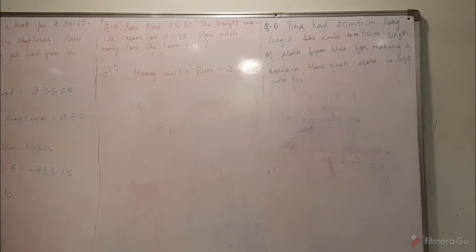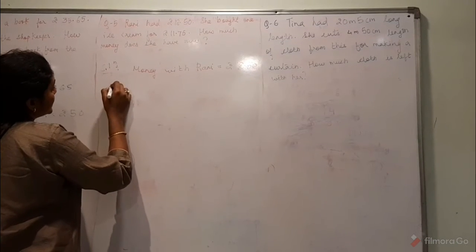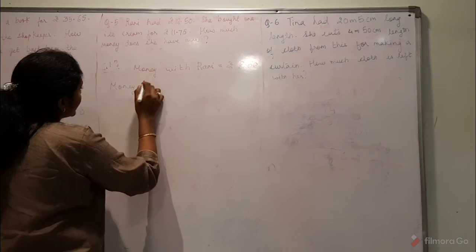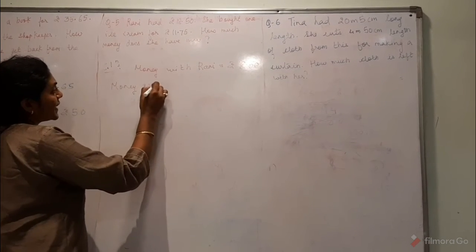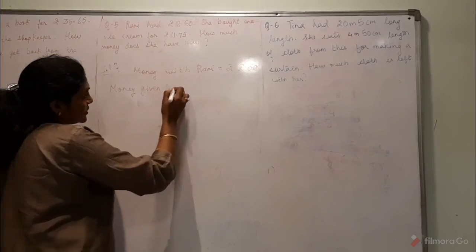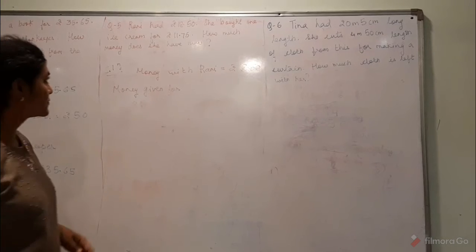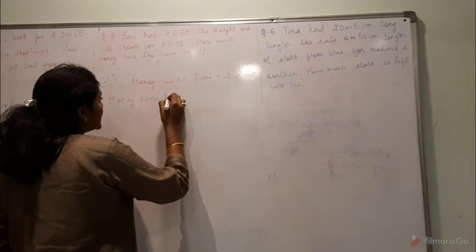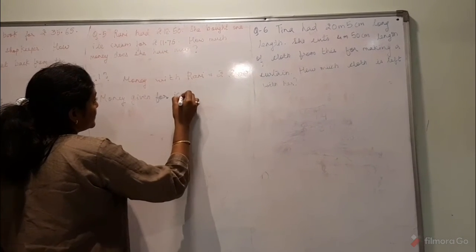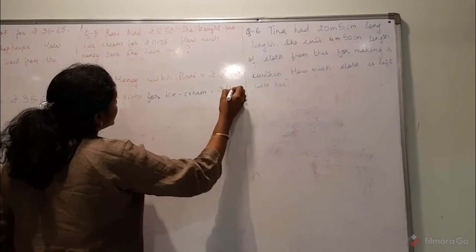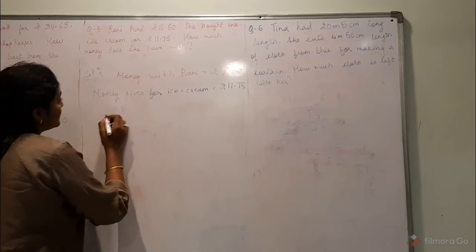And what is the cost of the ice cream? Money given for ice cream. It is how much? 11.75. So that is rupees 11.75.